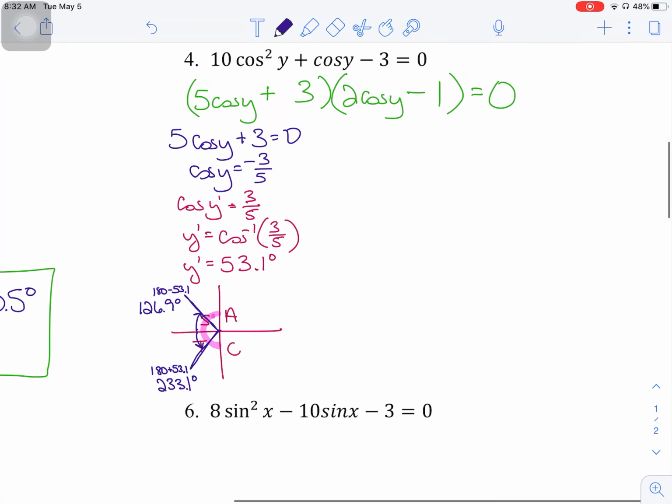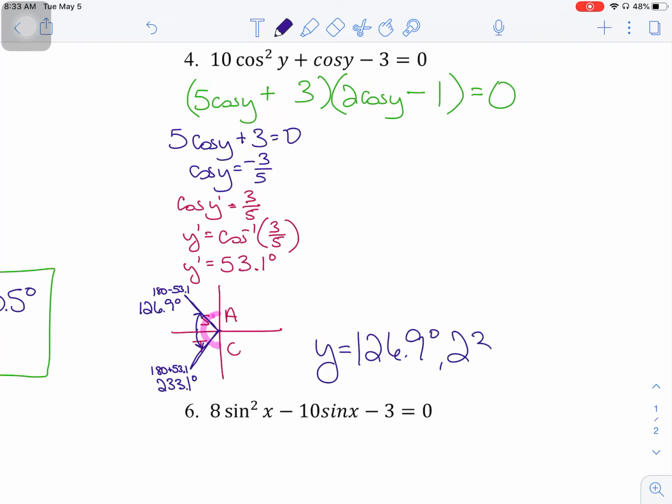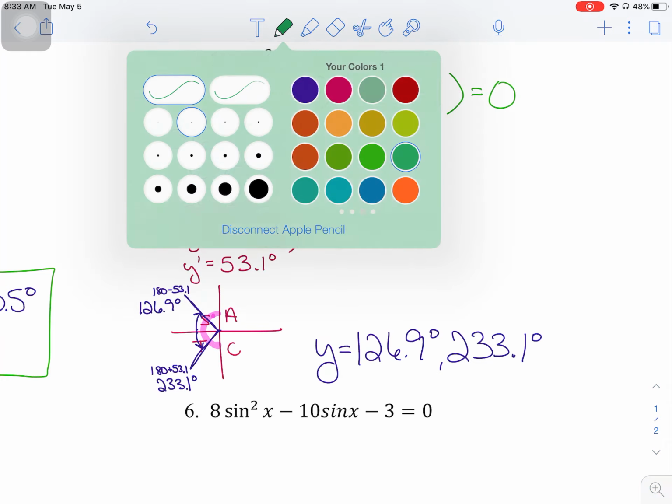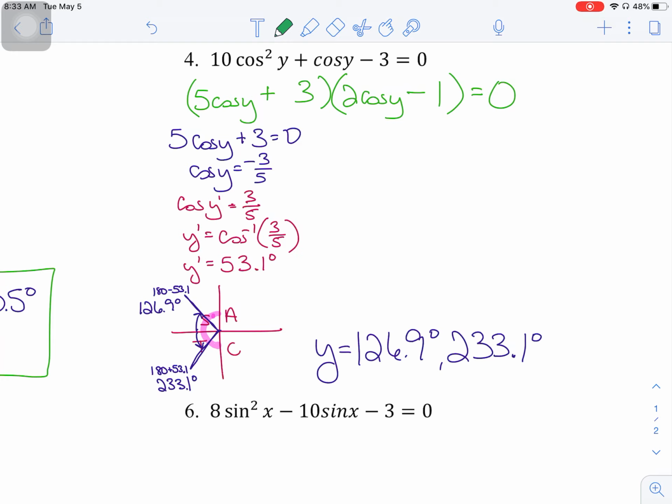So off to the side here, y is equal to 126.9 degrees, 233.1 degrees, and let's see what else I get from the other half of this equation. So 2 cosine y minus 1 is equal to 0, which makes cosine y equal to positive 1/2.